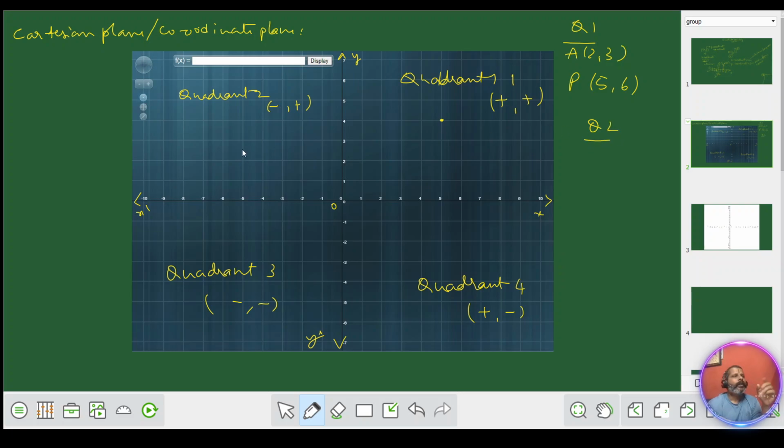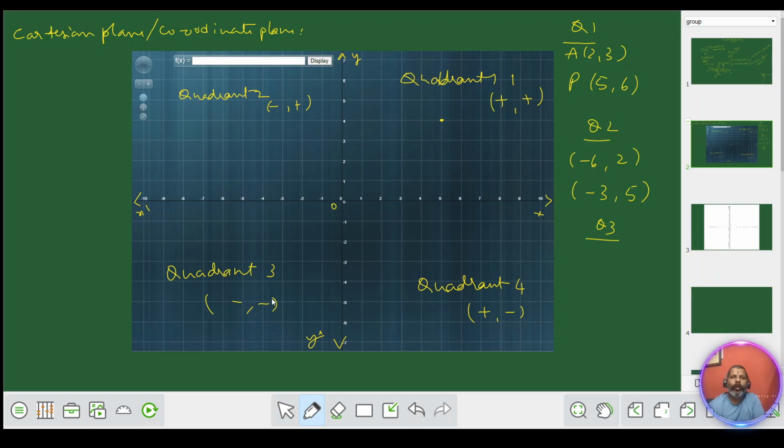Similarly, if you look at quadrant 2, the x-axis is negative and y-axis is positive. So the point which falls in quadrant 2 will have a negative coordinate for x and a positive value for y coordinate. For example, if I say minus 6 comma 2, it falls in the second quadrant, or minus 3 comma 5, second quadrant.